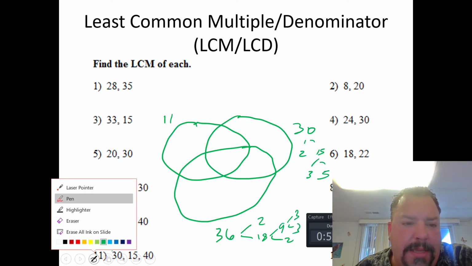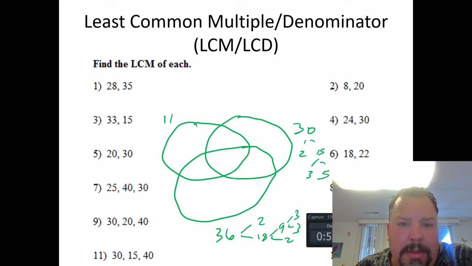Okay, so in the middle, what do they have in common? Well, they don't have anything in common, so I'm going to put a 1 there. So again, if there's nothing that you can put there, you can always put a 1. Now I look at 30 and 36. So they have a 2 in common, so I put a 2 over there.